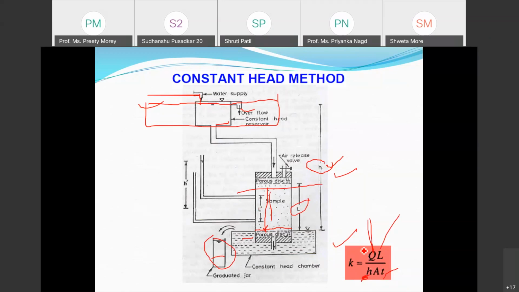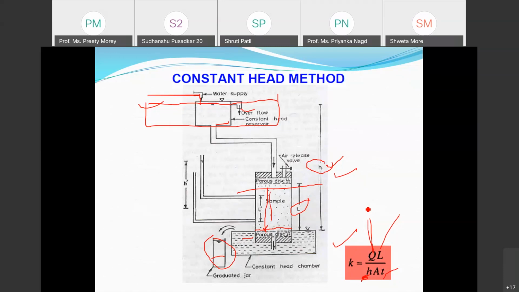So this is a very simple method. Understand it. It is useful for coarse grained soil. Okay. Now, if I use the same method for fine grained soil, what will happen? Suppose I had used this method for fine grained soil. Instead of coarse grain, I place the sample as a fine grain. See, under this head, if I allow the water to flow through it, it will take hours together to take out the water from the sample, because fine grained soils have very low voids.